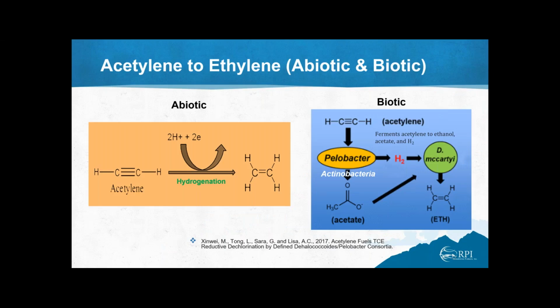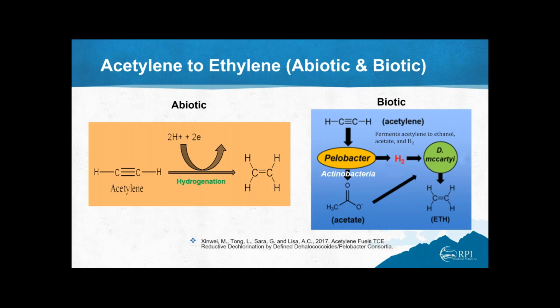The acetylene to ethylene has two different pathways that can get you there. One of them is abiotic, which is hydrogenation. It happens, usually it's not much of a problem. You don't usually see acetylene build up very much, but just letting you know that there's that abiotic pathway. There's also a biotic pathway where Pelobacter or Acetobacter will ferment acetylene to ethanol, acetate, and hydrogen.